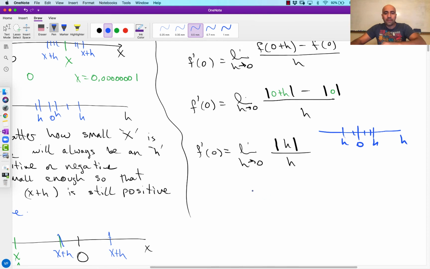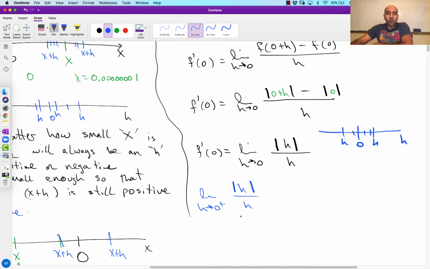So if we break this down into pieces and think about the limit as h approaches 0 from the right-hand side of the absolute value of h over h. If h is approaching 0 from the right-hand side, here I'm guaranteeing that h is always going to be positive.